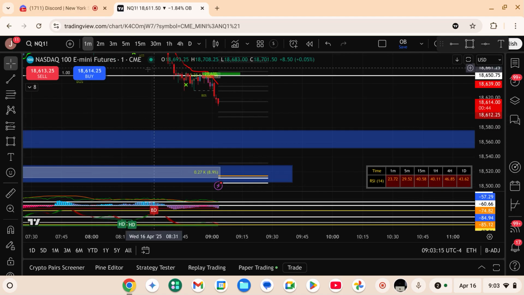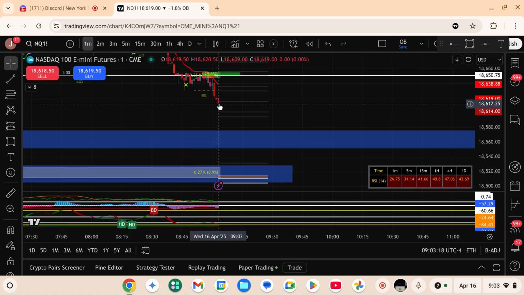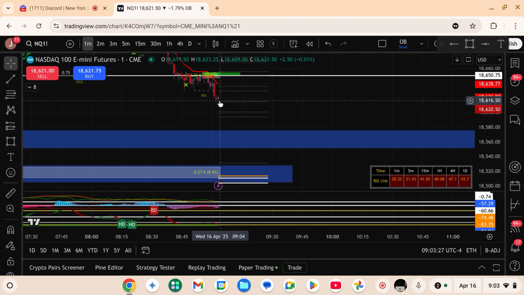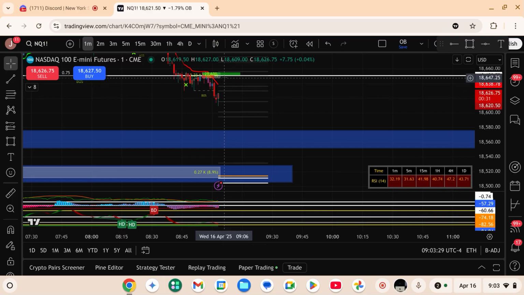We could enter here with the close of a bullish or bearish candle, and we'll just target this here. So if it closed bearish here, we could enter, or if it closed bearish here, we could enter, and we'll target this box here.